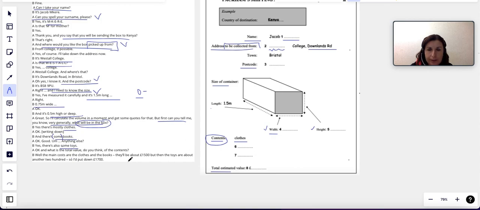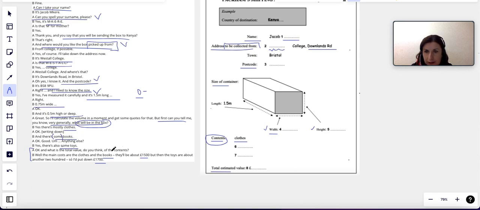Okay, and now let's pay attention to the final trap. Several values are going to be mentioned, and we need to choose only one total estimated value. So 1,500 euros stands for the books, right? But then there are the toys and what else?